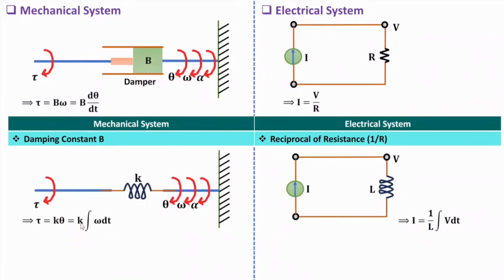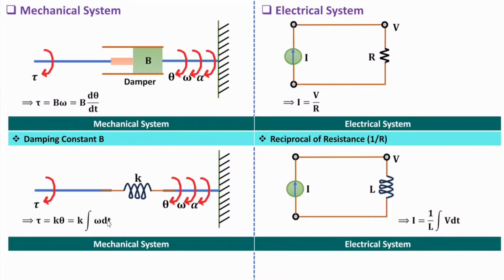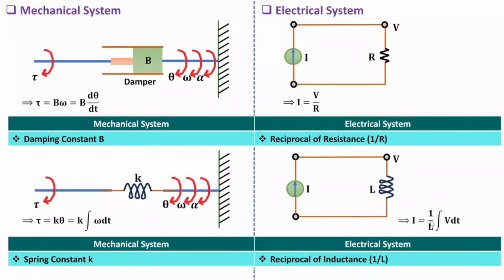So one can say this spring constant K is equivalent to the reciprocal of inductance, right? And you can observe this omega is equivalent to voltage V. So voltage is the output with the electrical system, and angular velocity is the output with the mechanical system. And with the mechanical and electrical systems, I have compared different parameters, right?